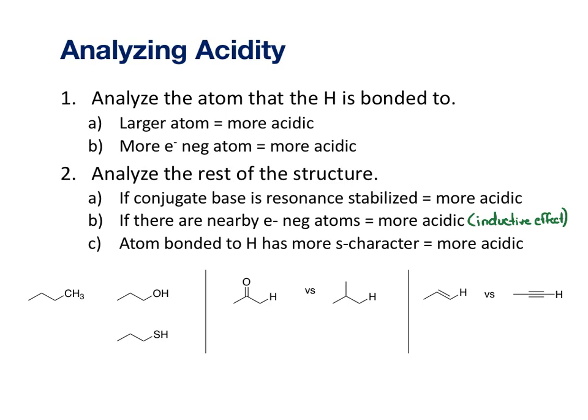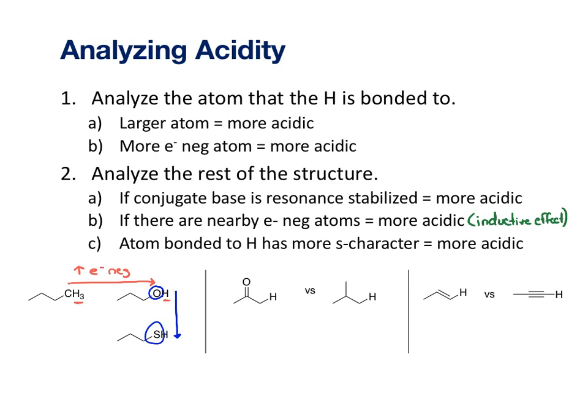So if we're going across the periodic table, we're in the same row here, going from hydrogen on a carbon to on an oxygen, we're increasing electronegativity. So OH is more acidic than CH. Next, if you go down the periodic table, oxygen's a smaller atom, sulfur is a larger atom.